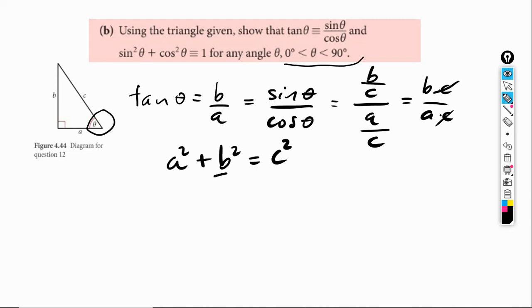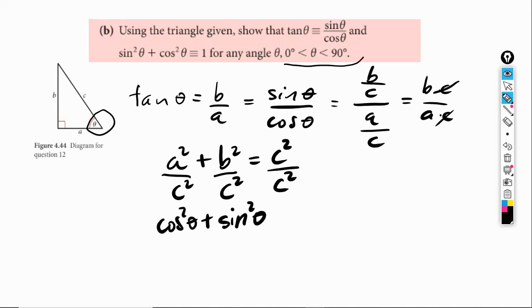I'm doing it backwards, but that's okay. So B squared over C squared would be the same as sine squared of theta. And then A squared over C squared would be the same as cosine squared of theta. But because we're dividing these by C squared, we should do it here as well. And then C squared over C squared is equal to 1, which is exactly what we wanted to verify.